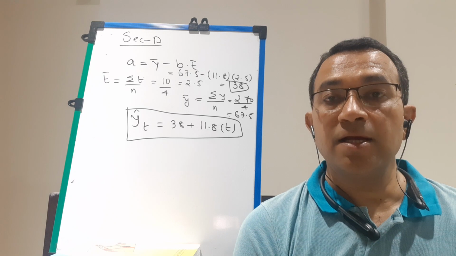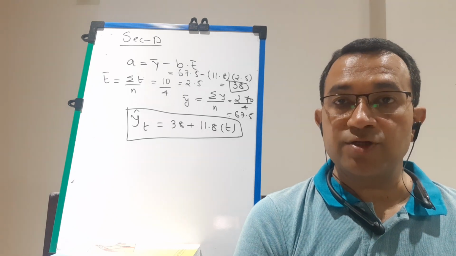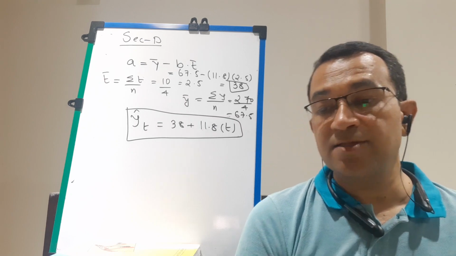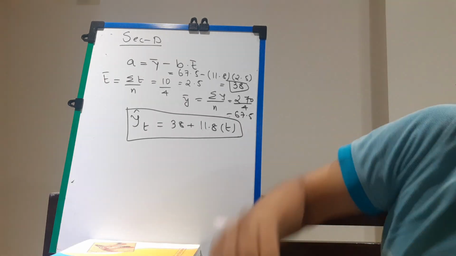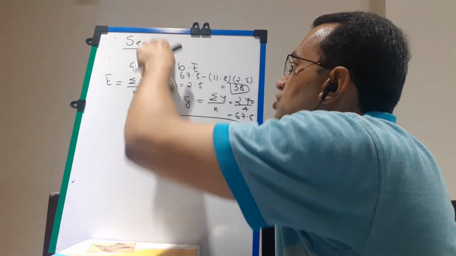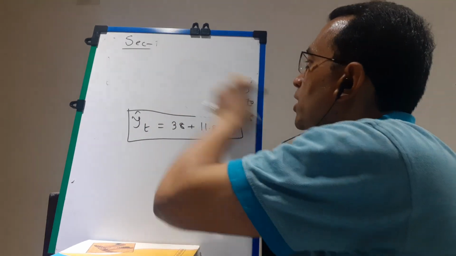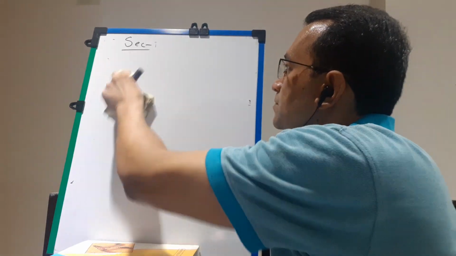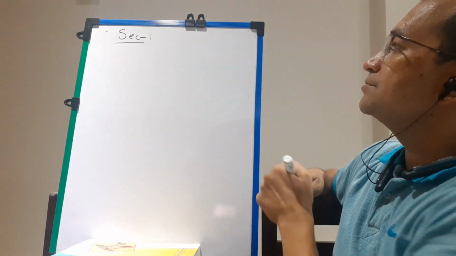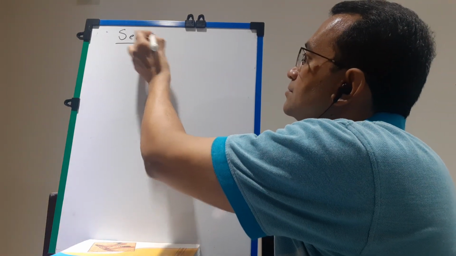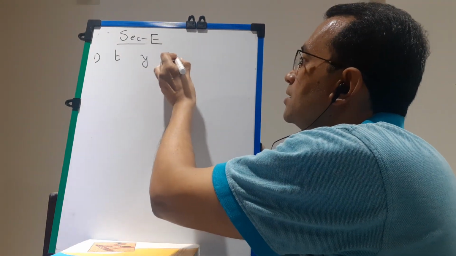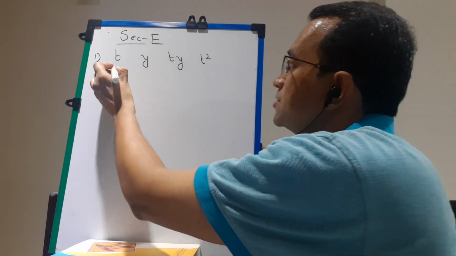What is the next step? The table to obtain trend line equation or the table to obtain constants b and a, students, is as below. So students, here we start with the table. All of you concentrate. Section E, sum number 1. T, Y, Ty and T square.